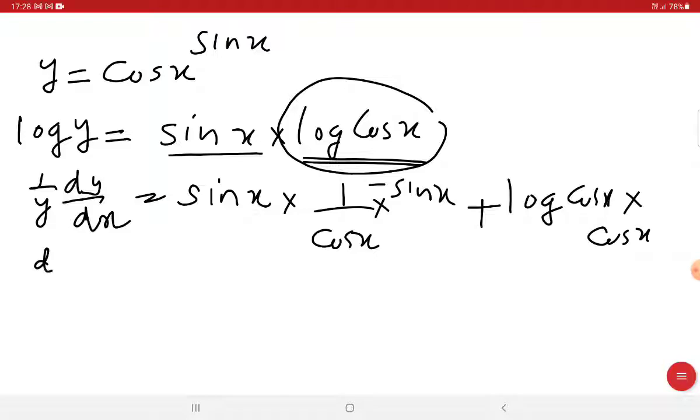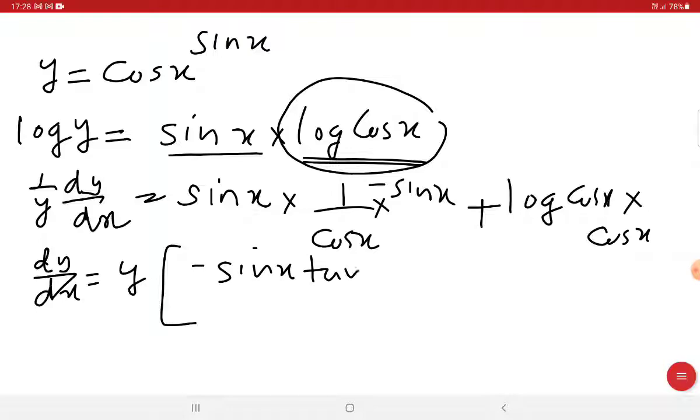That is dy by dx is equal to y into minus sin x by cos x, which can be written as minus sin x into tan x, plus cos x log cos x.